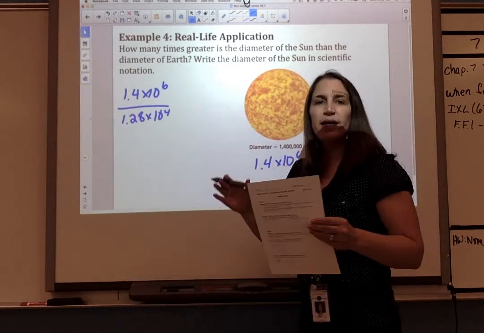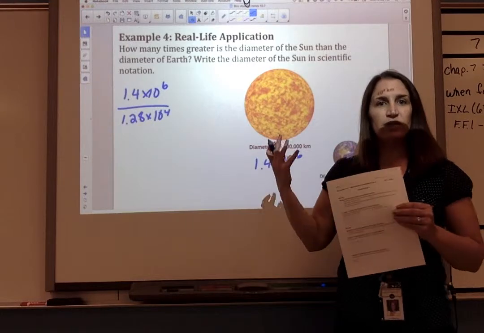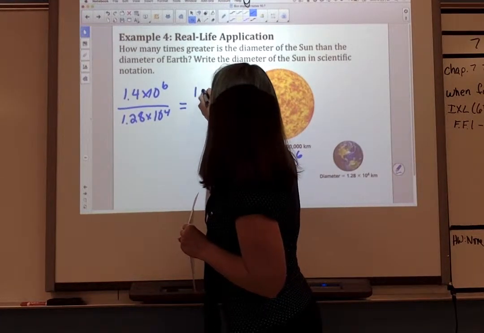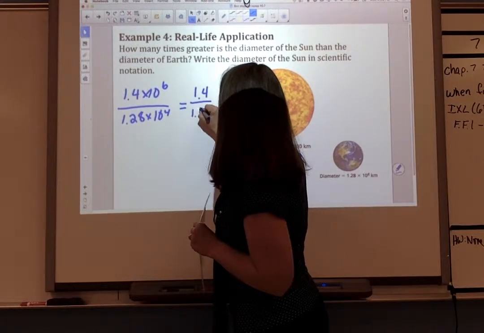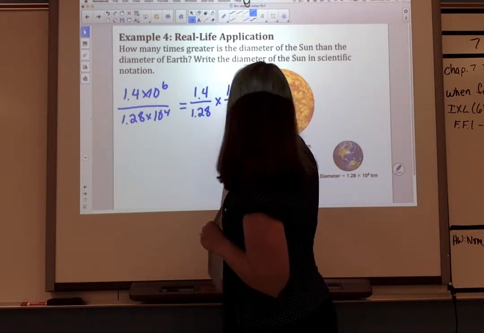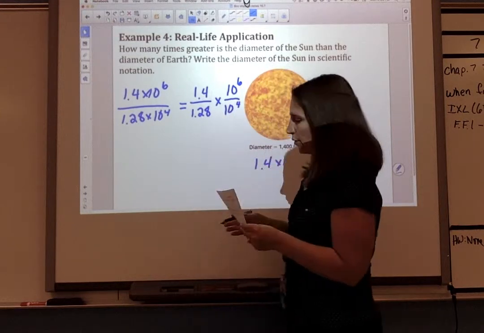Okay, so let's go ahead and separate out the factors from the power of 10. So I'm going to say that's 1.4 divided by 1.28 times 10 to the 6th over 10 to the 4th.